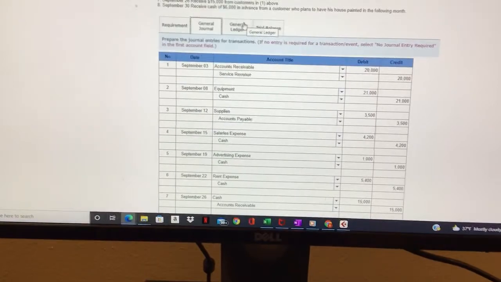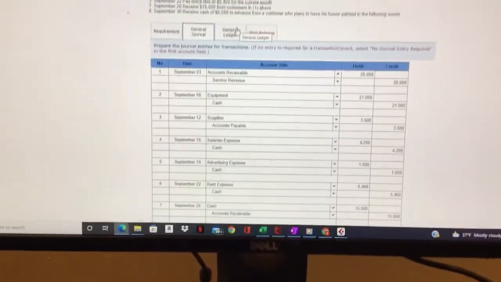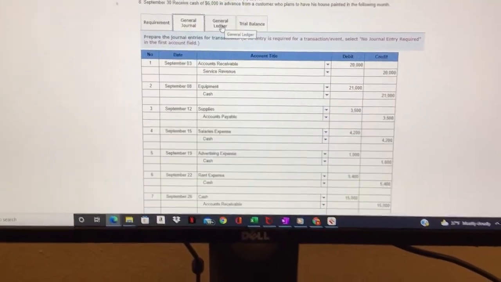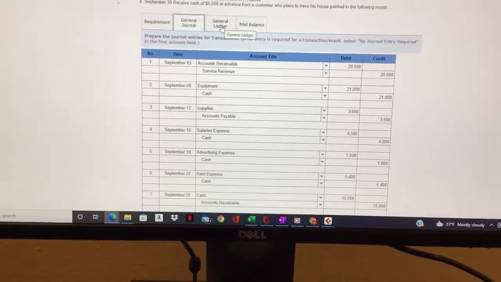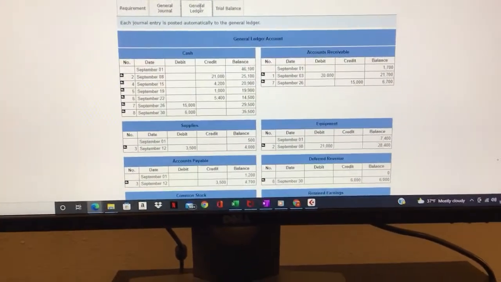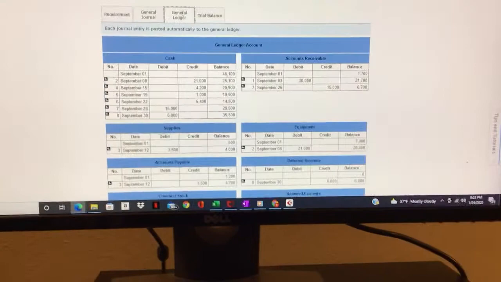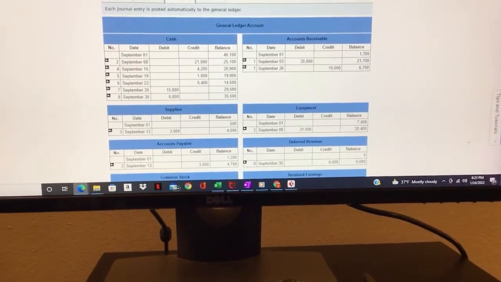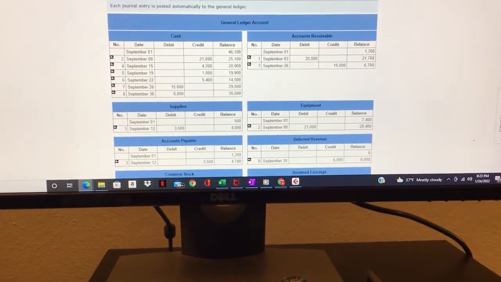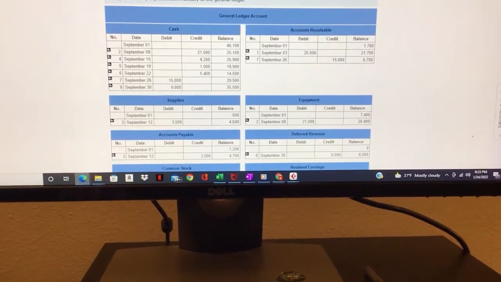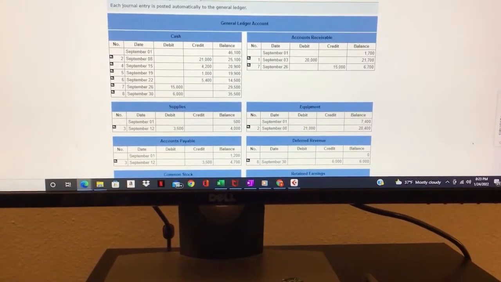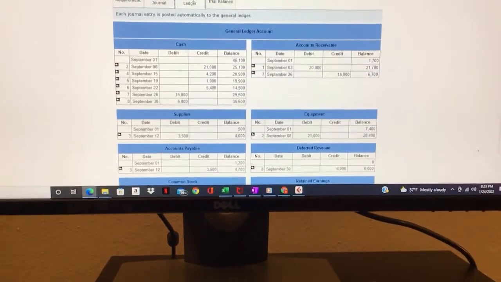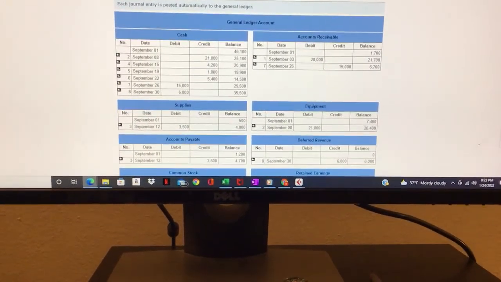So now I want to turn to the general ledger part of this. Not time to get through all the journal entries in a few minutes. So notice that some of these have shown up in the general ledger accounts. For example, we saw the transaction on the 8th as a credit in the general journal, and here it is going over to the general ledger as a credit.